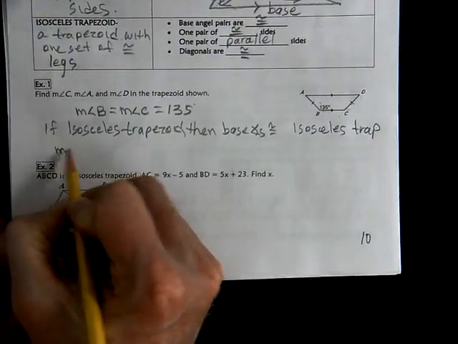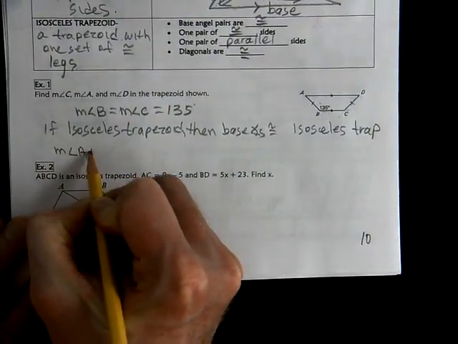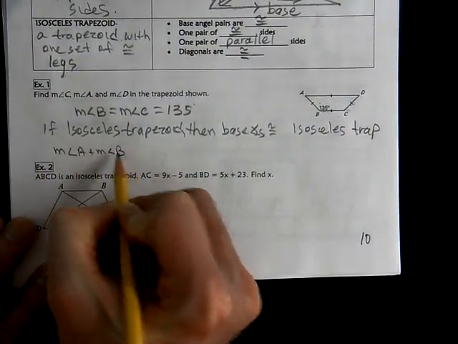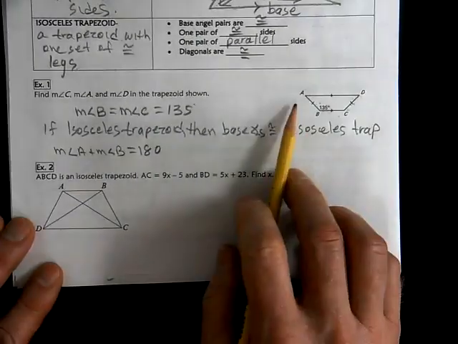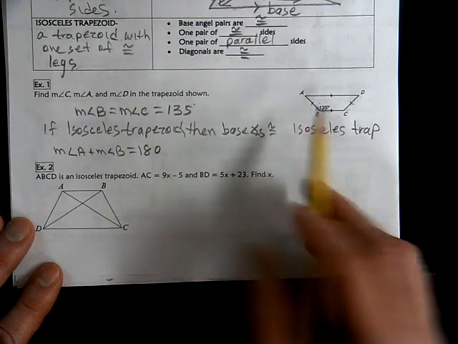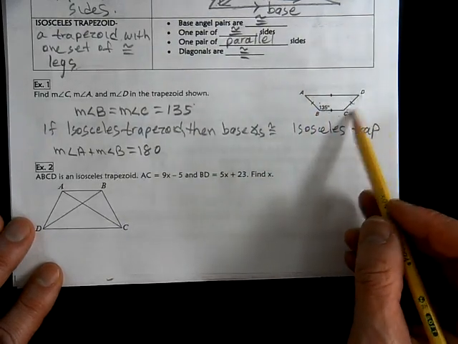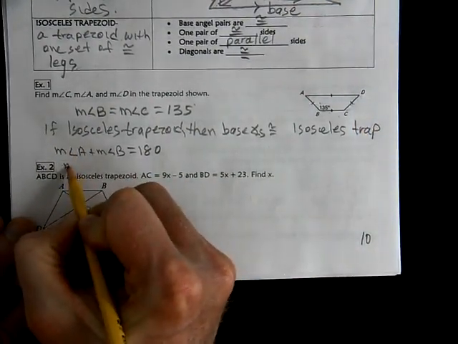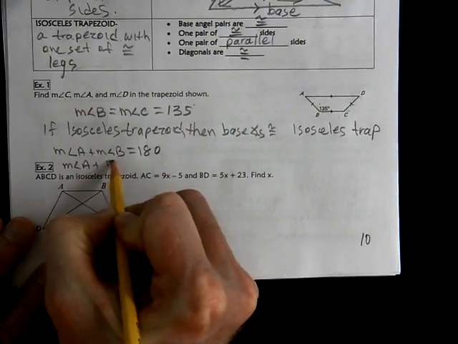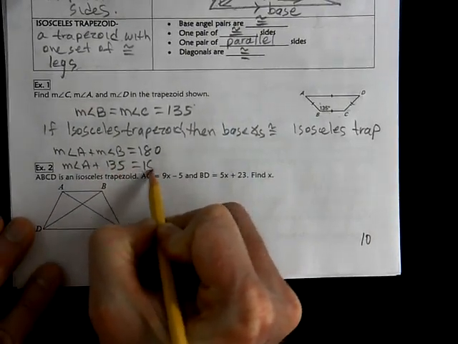I know that the measurement of angle A plus the measurement of angle B are supplementary. I know they add up to 180. So does C and D. So the measurement of angle A plus 135 equals 180.